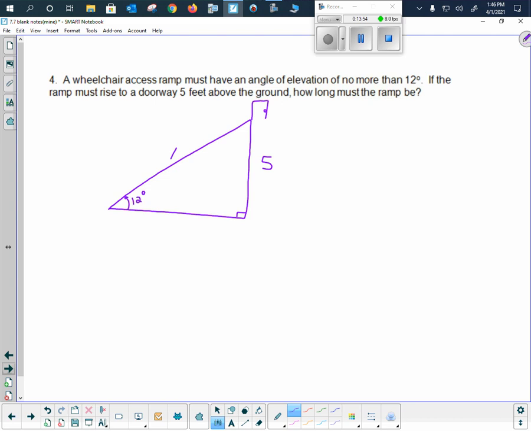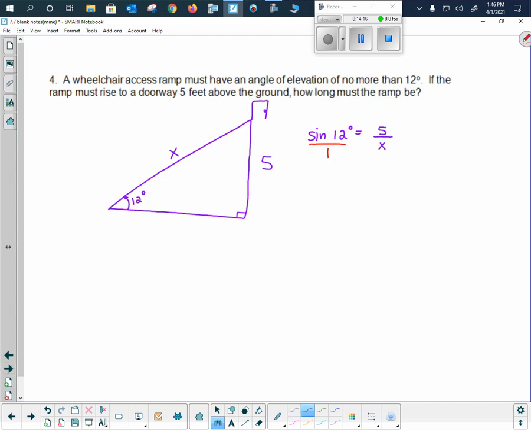And how long would that ramp have to be? So that's the ramp. One angle and two sides is your tip-off that it's trig. You have the opposite side and the hypotenuse from the angle's perspective, so that would be sine. So sine of 12 degrees equals the opposite side over the hypotenuse side.